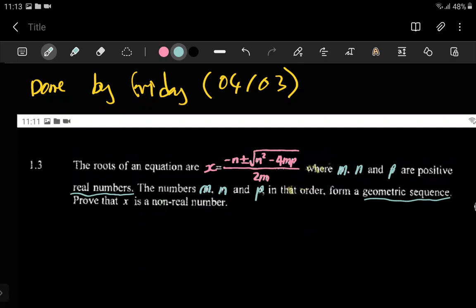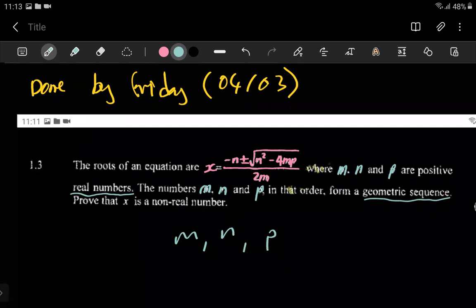A common ratio refers to how, for example, in the sequence you'll have m as the first thing, and then n comes after, and then p comes after. So that being known, as long as this is a geometric sequence, you always want to make use of the question to help you see what you're going to do.